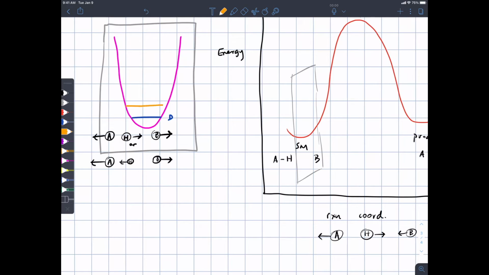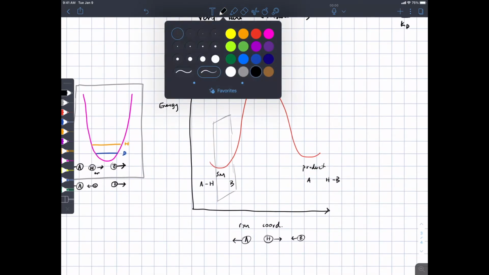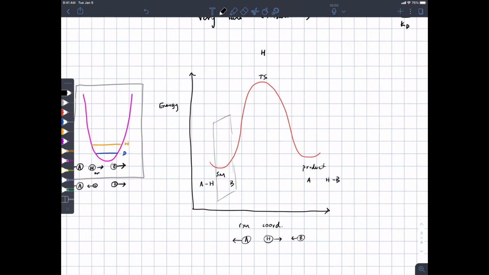Here we have 0 point energy for hydrogen. Now, let's imagine in the transition state that rather than look product-like or starting material-like, that hydrogen is basically evenly shared between A and B. So this is the transition state structure.